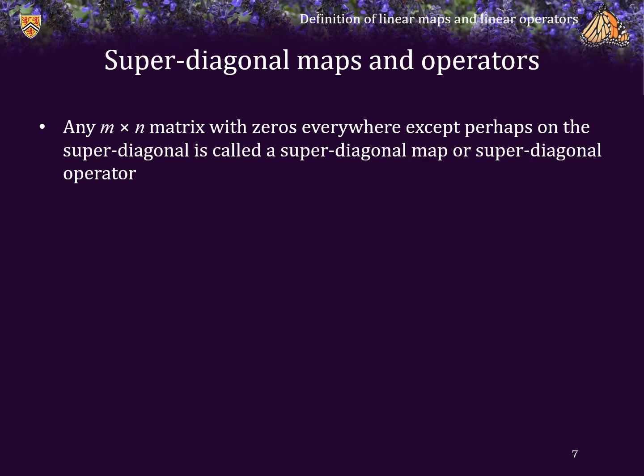Any m by n matrix with zeros everywhere except perhaps on the superdiagonal is of course called a superdiagonal matrix or superdiagonal operator.